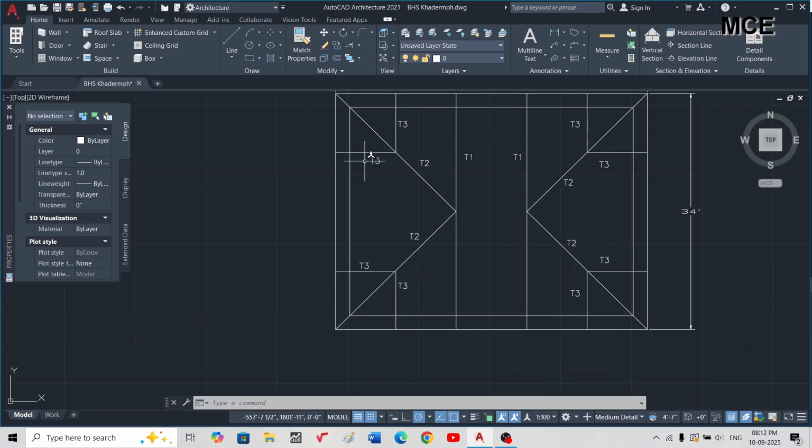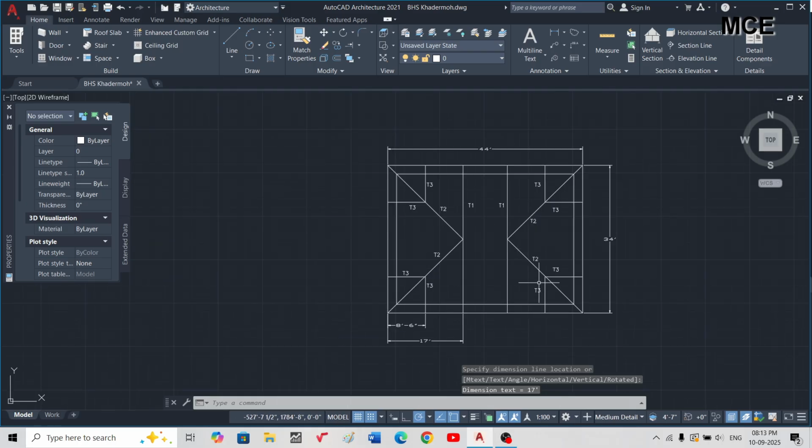You can also provide the dimension for these: this is at 8 feet 6 inches, and the main trusses are at a distance of 17 feet from the edge. So this is how you can make a truss plan for the building.